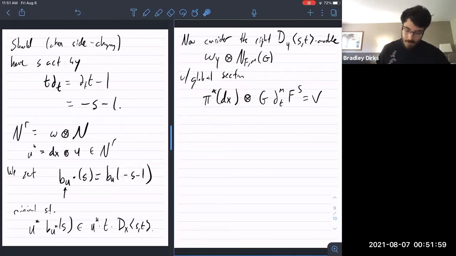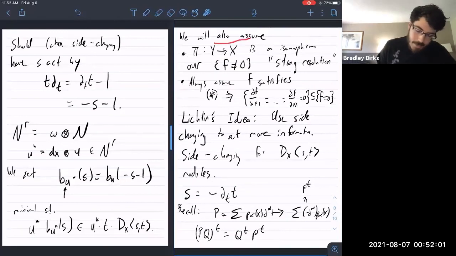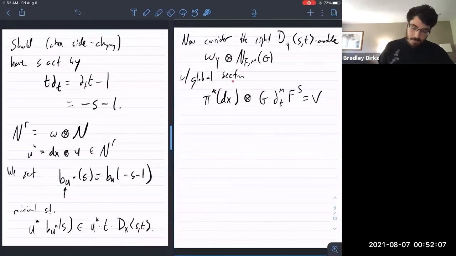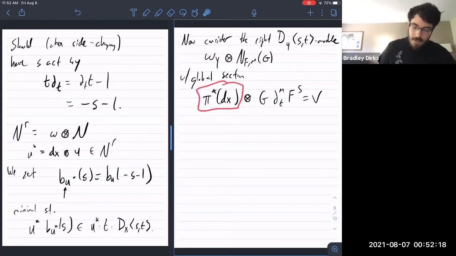The nice assumption that we made, that pi is an isomorphism over f non-zero, really means that when we look at this element over that open subset, f does not equal 0, it is the same thing as dx up to a unit. So it doesn't change anything on that big open subset, but it's very useful to get those numerical invariants into the picture.